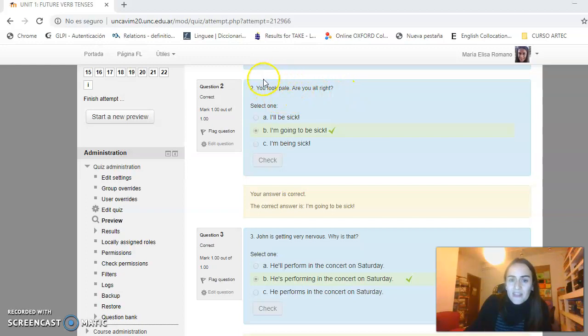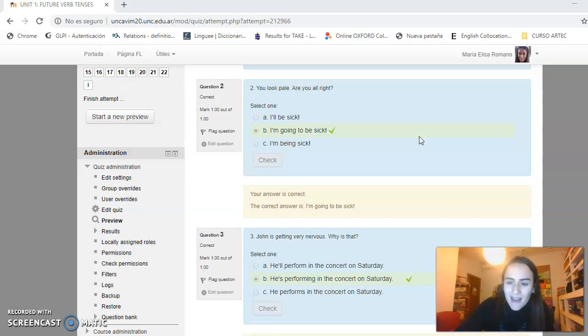So this, and probably the symptoms the interlocutor is experiencing, act as a sort of sign in the present for the event that is going to take place in the future. When the speakers see a cause, or something they interpret as a cause in the present, then we use going to for these kinds of predictions.